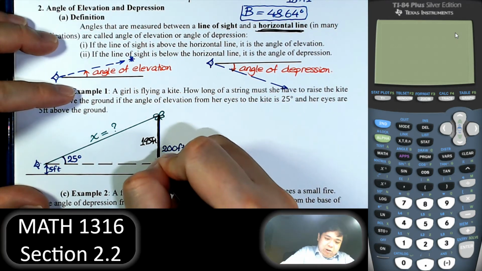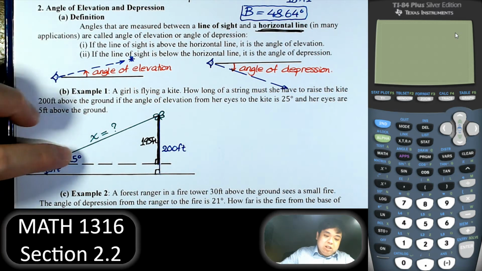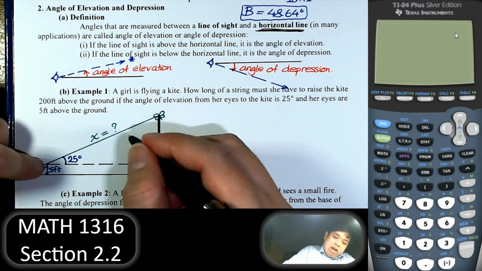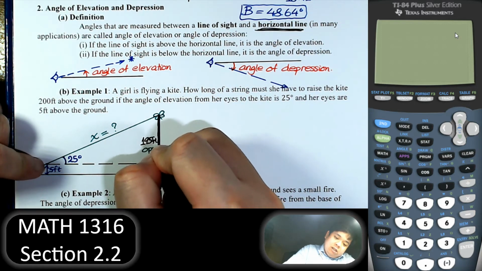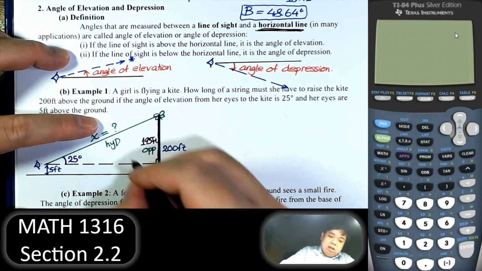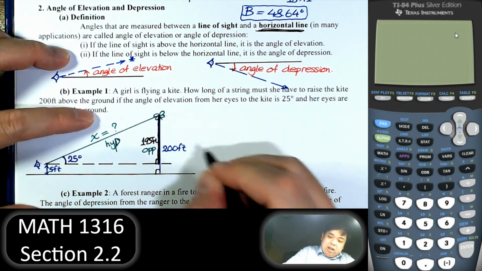Now we have a right triangle. With respect to 25 degrees, this 195 feet is the opposite, and x is the hypotenuse because it is opposite to the right angle.